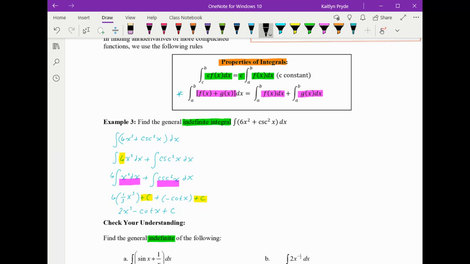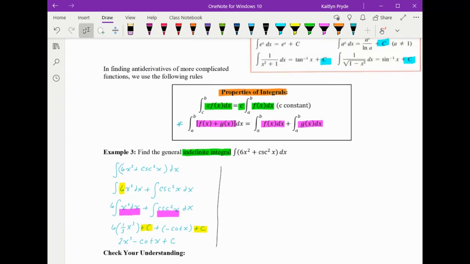But like I said, I wouldn't really break it up like that. You're fully able to do the following. This is the integral of 6x squared plus cosecant squared of x dx. I'm going to look at the integration of each, but within the same integral, or basically write it as my antiderivative.